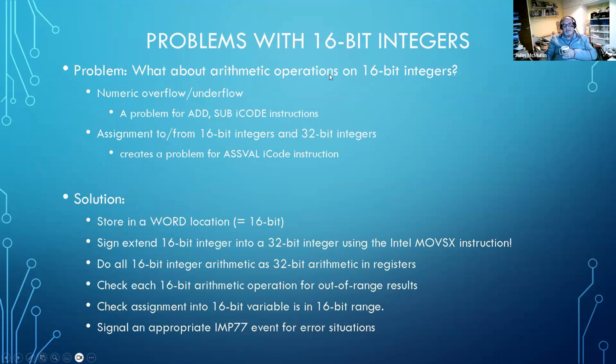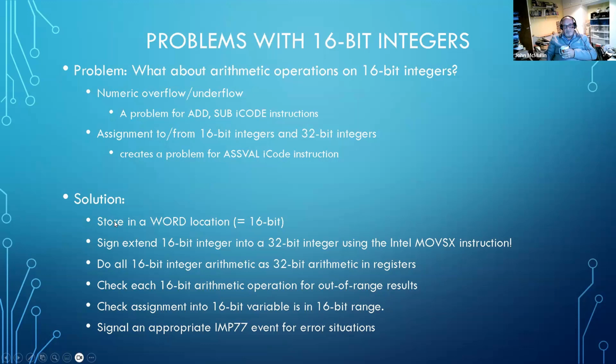So, arithmetic operations, you've got to be careful about numeric overflow and underflow, which can be a problem for the add and subtract ICodes. You need to do the assignment between 16-bit and 32-bit integers, which is a problem for the assign value instruction.